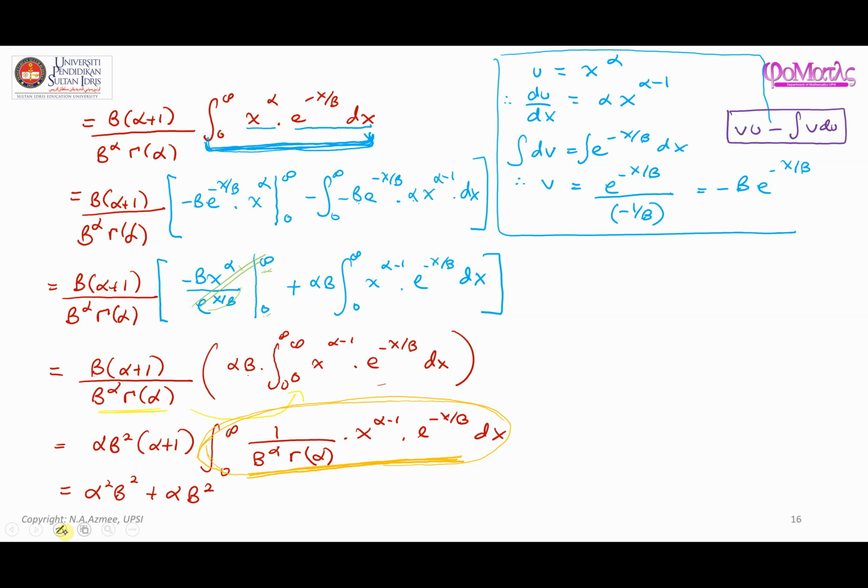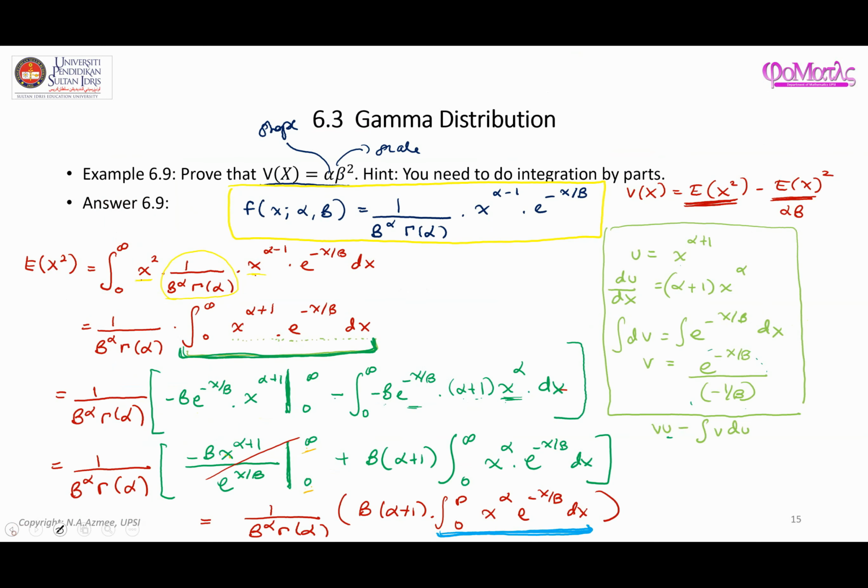Now, we are not done yet because we need to find the variance of x. So the variance of x is, we're going to take this value, the expected value of x squared. So here we have alpha squared beta squared plus alpha beta squared, and we're going to minus this guy, the expected value of x, and you square it.